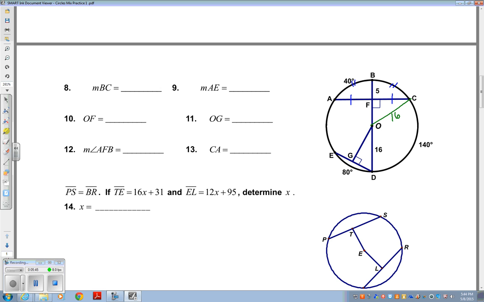And then B to O is also a radius. So if the whole radius is 16, the remaining part here from F to O is 11. So now we're starting to see some right triangles, some Pythagorean theorems. The only thing is to remind you, when you get to number 11, because they want the distance of OG, OG is that distance right there.